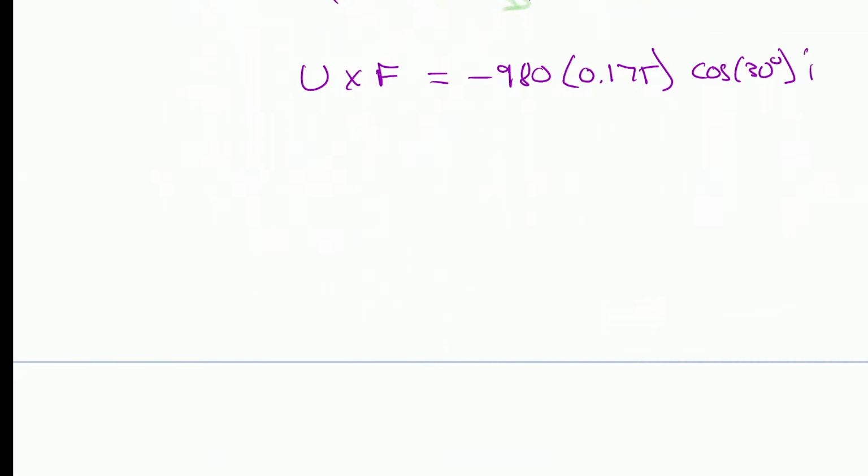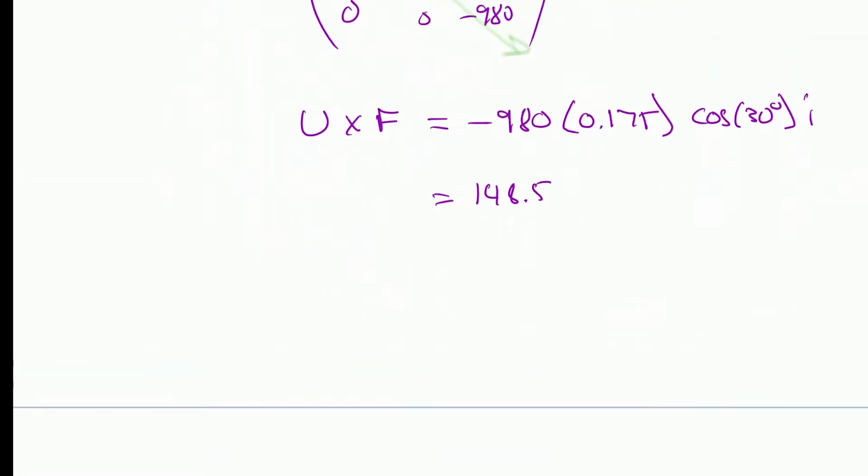And that's times i. Hold on a minute. 980 times 0.175 times the cosine of 30, square root of 3 over 2. Okay, I'm getting 148.5. And let me just think through, what are the units?